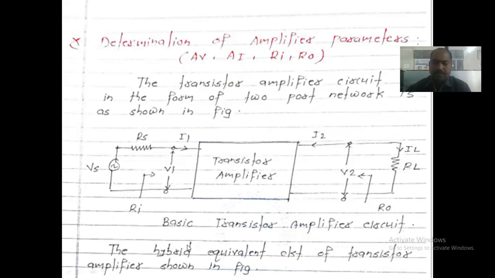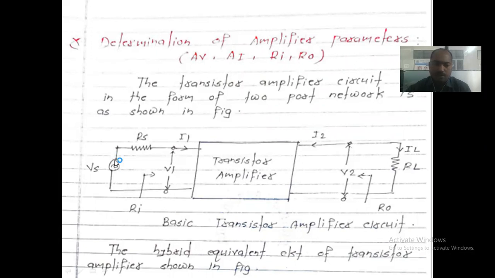See, this is the block diagram of the transistor amplifier circuit, right? For that circuit, we apply the voltage. This is nothing but VS, the input voltage applied to the transistor amplifier, right?